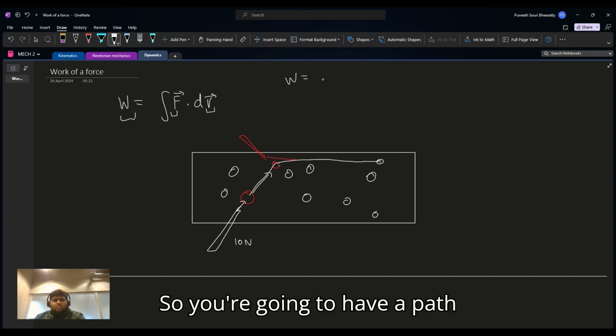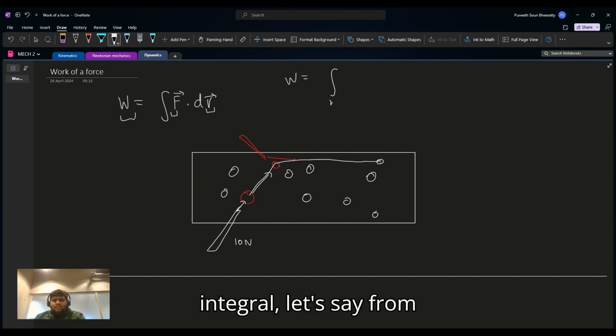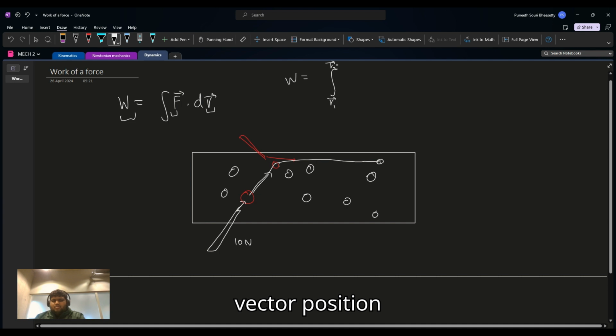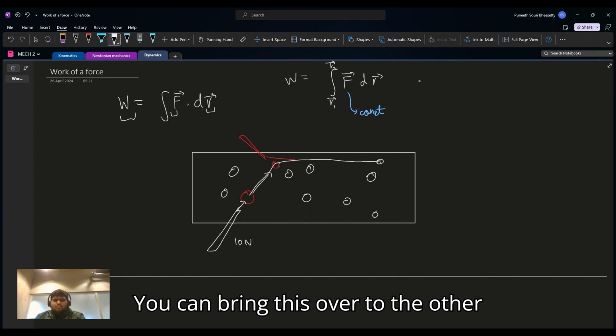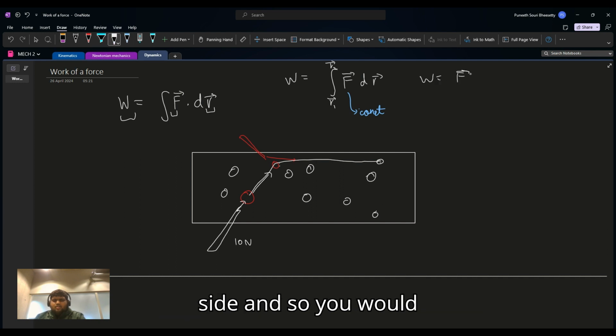You're going to have a path integral from position vector r1 to position vector r2 of your force times dr. Now, if your applied force is a constant, you can bring it over to the other side, and so you would simply have an integral like this.